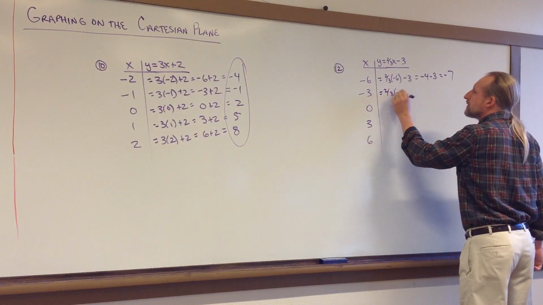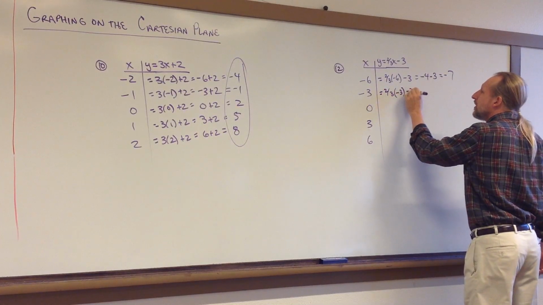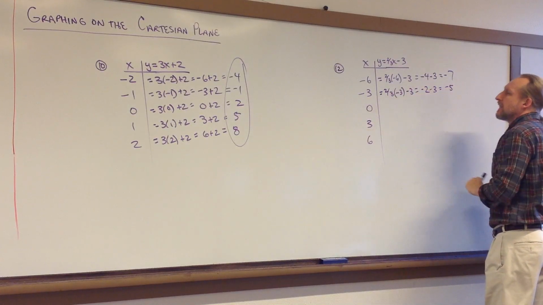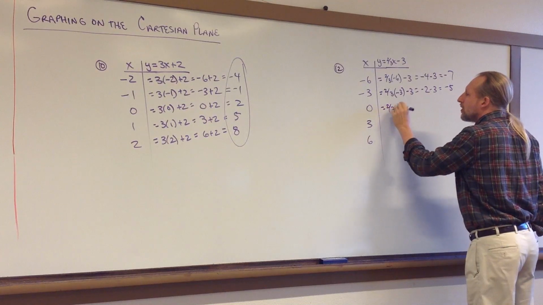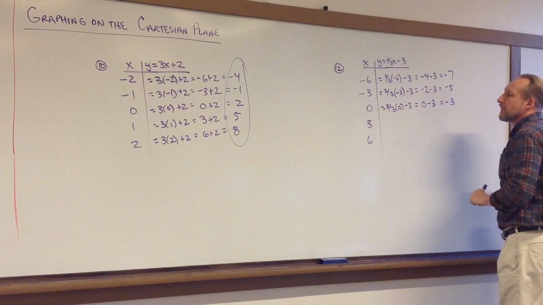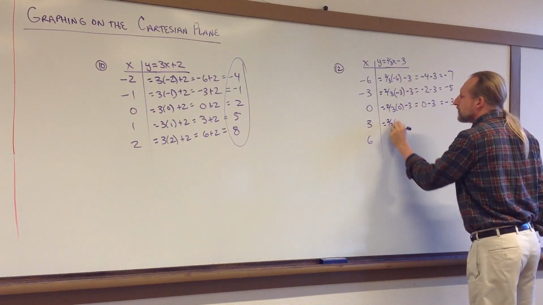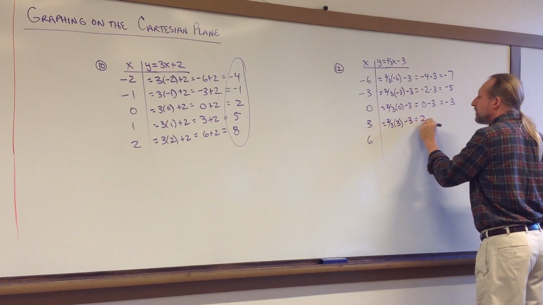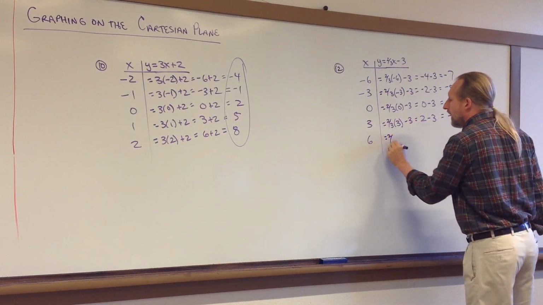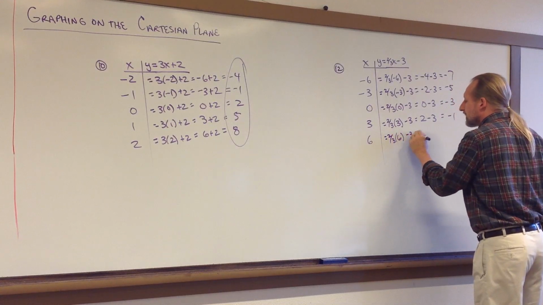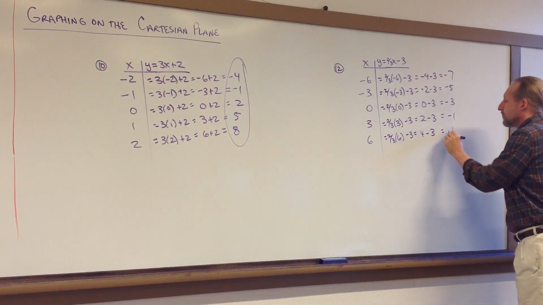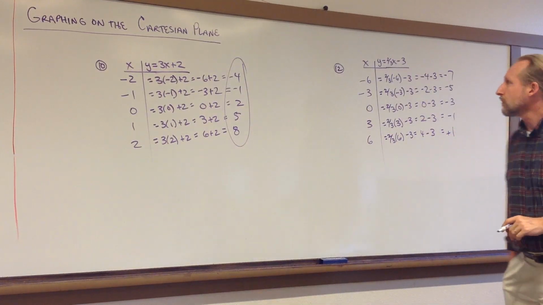Here, 2/3 times negative 3, that's going to be negative 2 minus 3 is negative 5. 2/3 times 0 will be 0 minus 3, negative 3. Here, 2/3 times positive 3 will be positive 2, minus 3 is negative 1. And then 2/3 times 6 minus 3, that'll be 4 minus 3, which is positive 1. You can put a plus there if you want, or leave it out, either way.